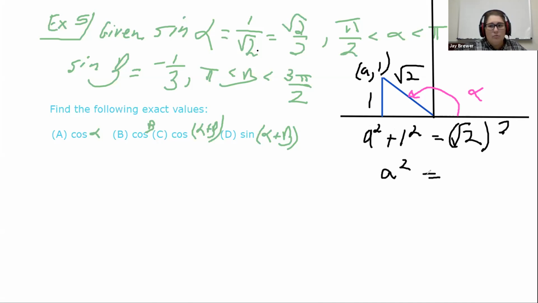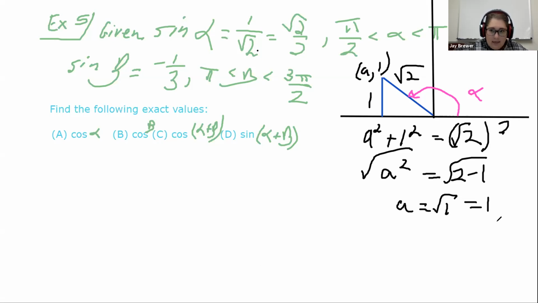Well, radical 2 squared is just going to give us 2 minus 1. Okay, so A is equal to radical of 1, which is just equal to 1. Okay, and A is greater than 0. So we're going to take the positive.